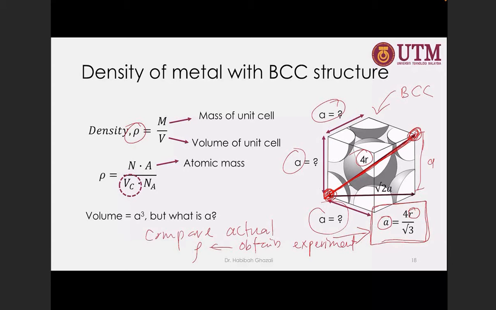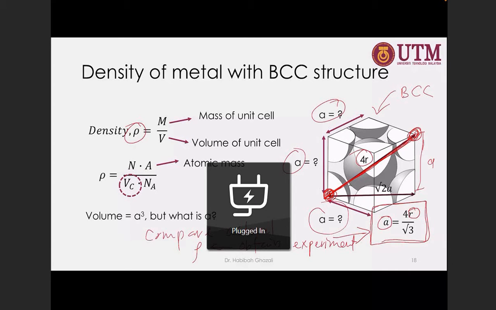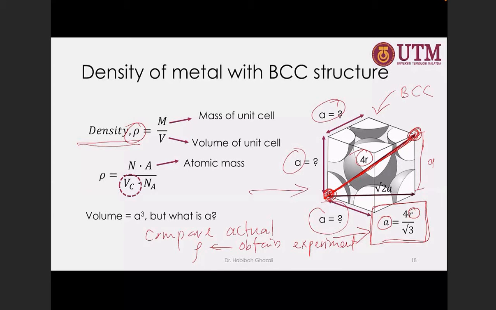Theoretical is basically the theory of how the density of a material is created based on the crystal structure, where we consider the size of atoms. Different materials have different sizes of atoms and different atomic mass. So that's the reason this is not all the time similar to the actual density.